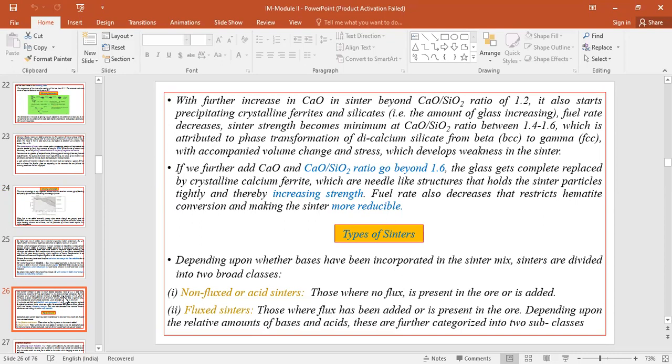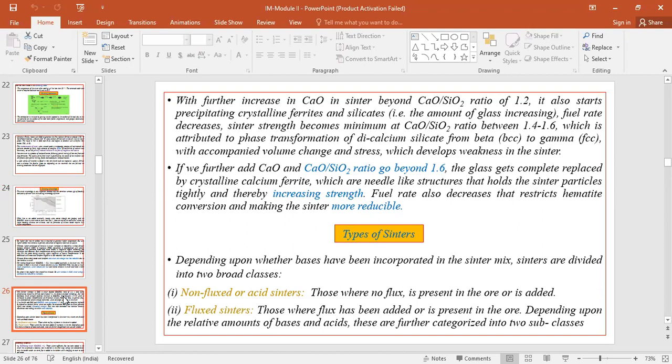The advantage of this calcium ferrite phase is that it demands less fuel rate, and also it is more reducible. Above that, it retains the hematite phase. So this is the advantage of having a sinter mix with basicity more than 1.6.